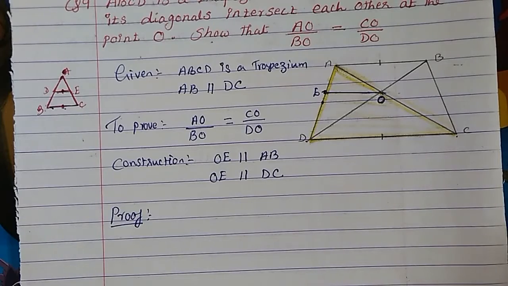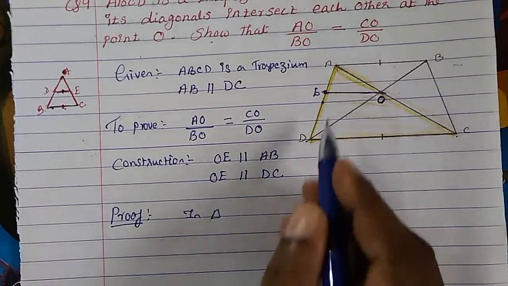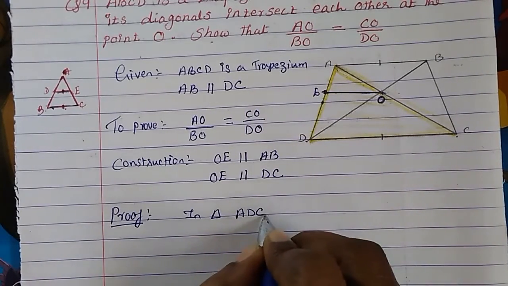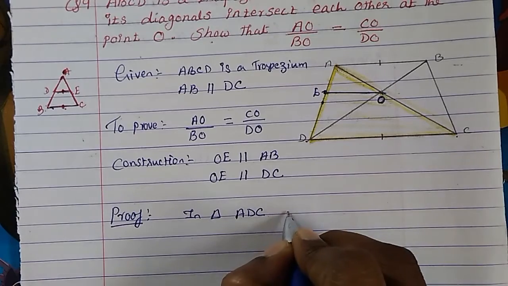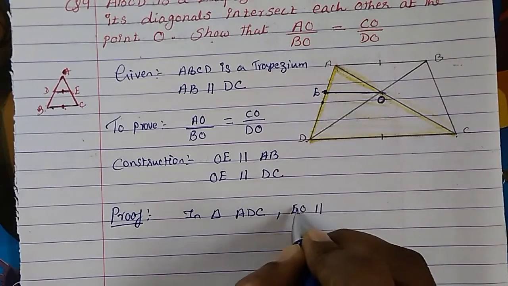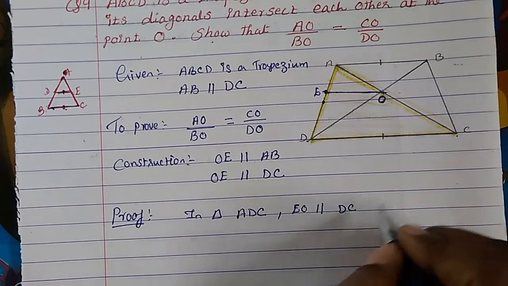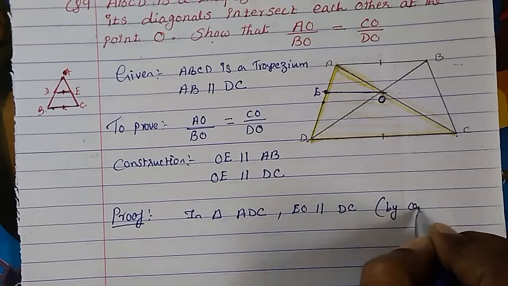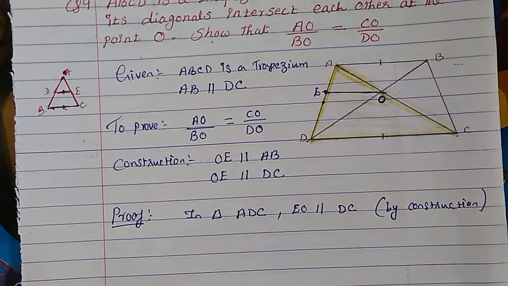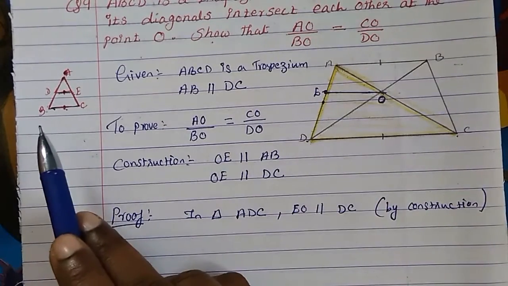So we can write that in triangle ADC, EO is parallel to DC. How? By construction. We have constructed, right? So now, if this is parallel, can we use the BPT theorem?